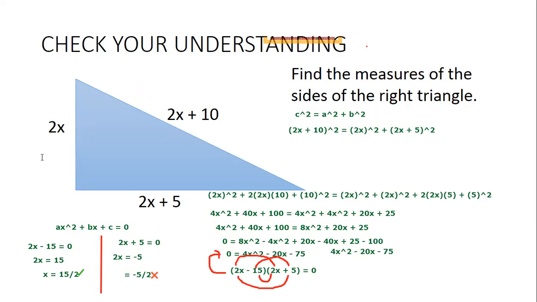So this is 15, this is 20, and this is 25. So the answers are here. The value of x is 15 over 2. The answers are 15, 20, and 25.